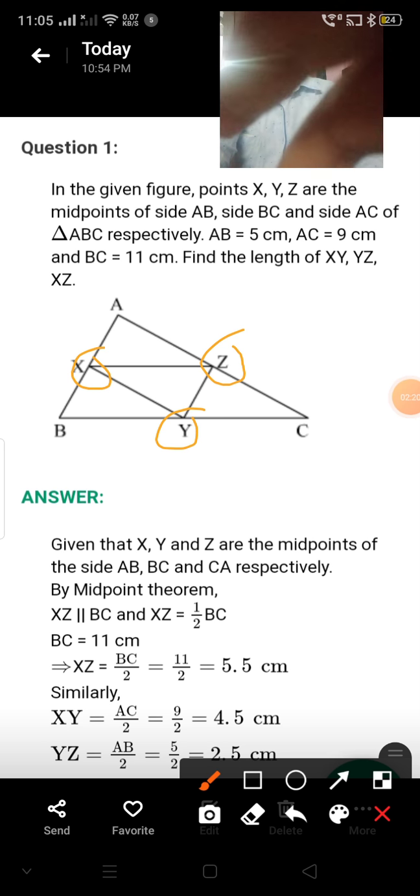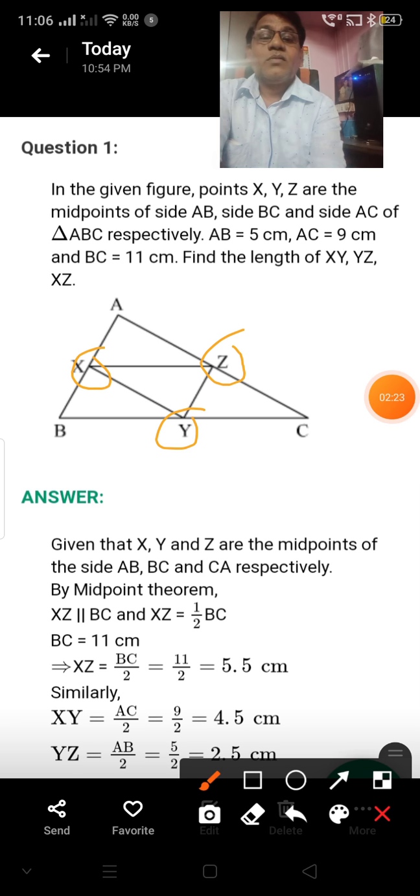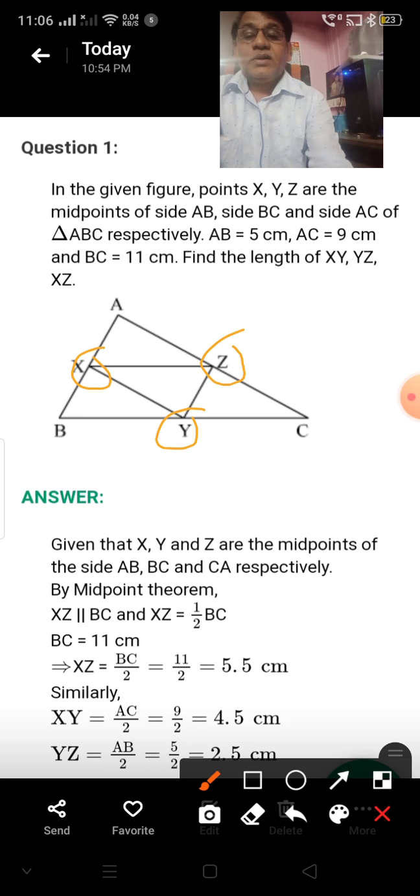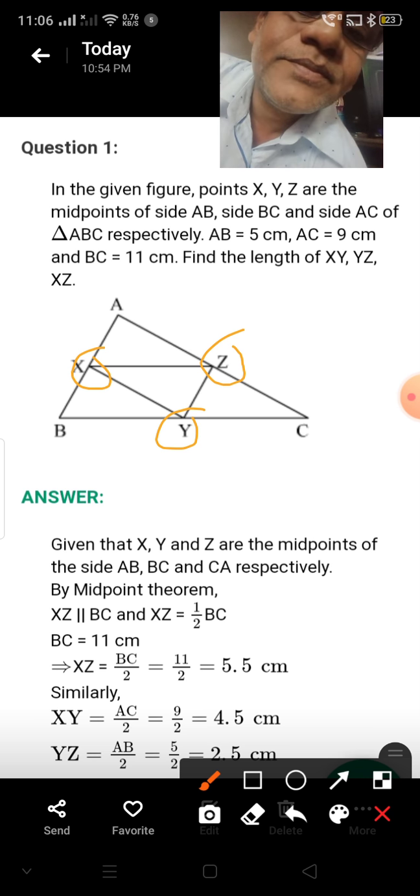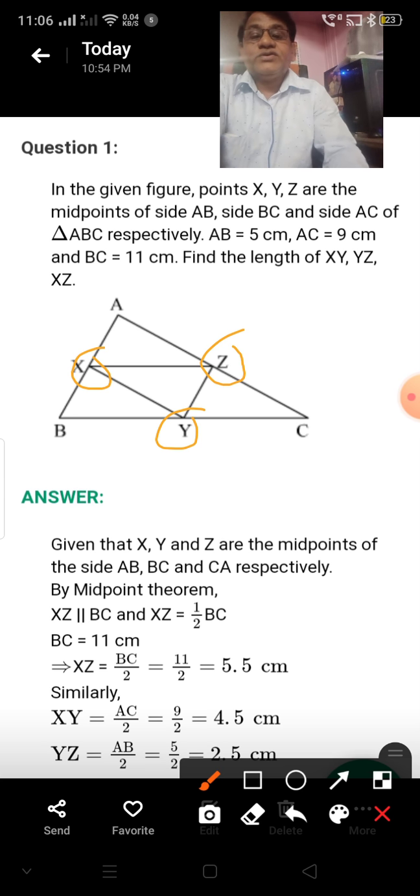Now see, AB has the midpoint X, BC has the midpoint Y and AC has the midpoint Z. So by using the midpoint theorem, you have to solve this.